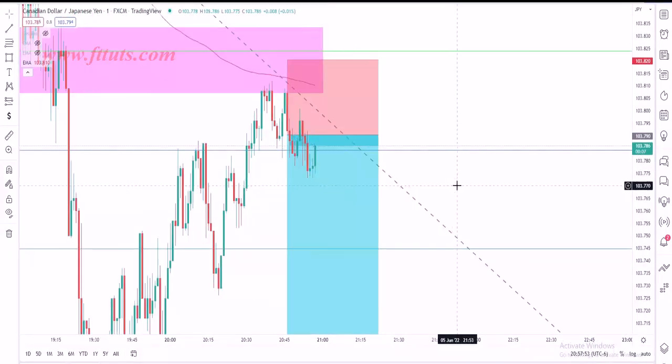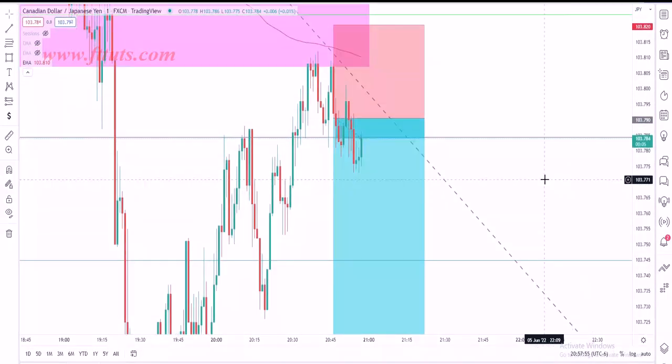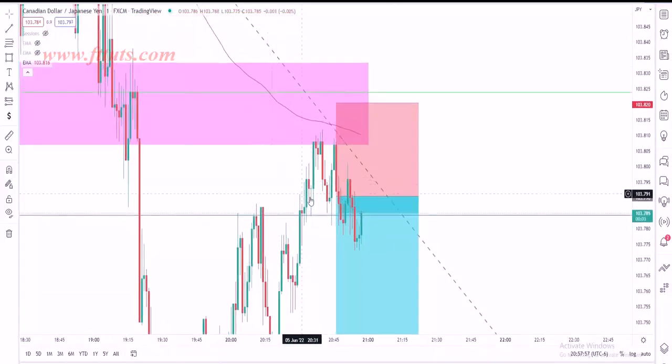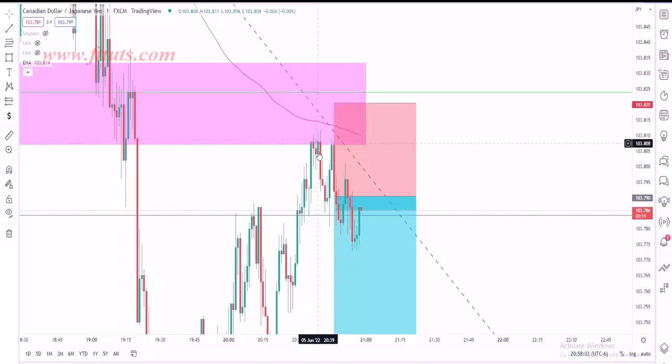So if we zoom in here, you can see the entry a little bit better. Price comes up, has its touch, has a little pull, kind of a consolidation, then gives an engulfing. But this is really where I'm seeing the double top action. I'm not seeing where price touches right here, pulls down a little bit, and then has this move as the double top, as much as I am this.